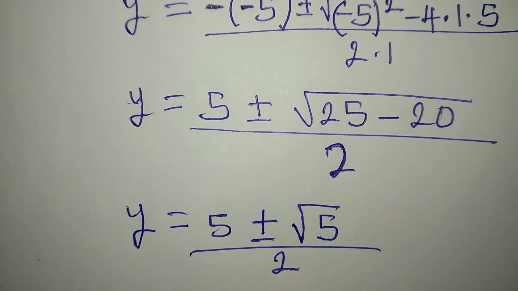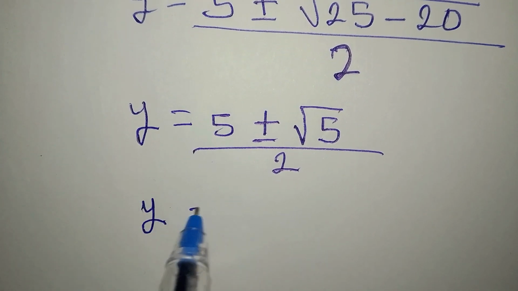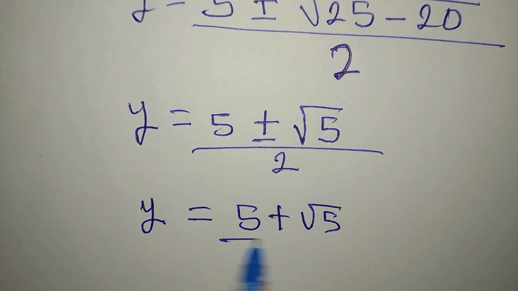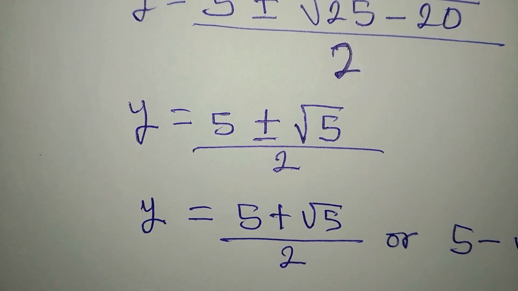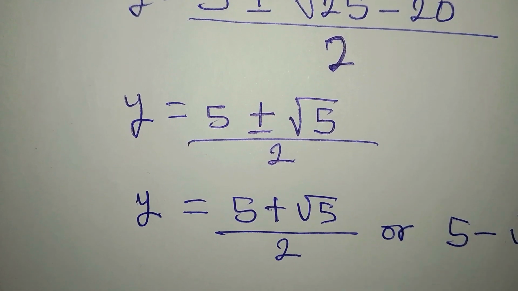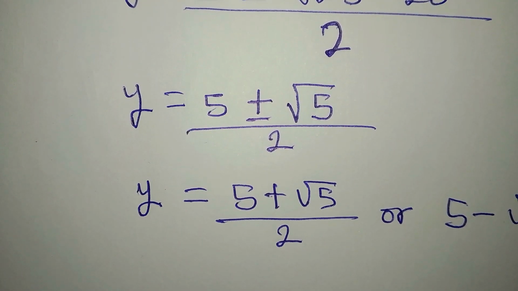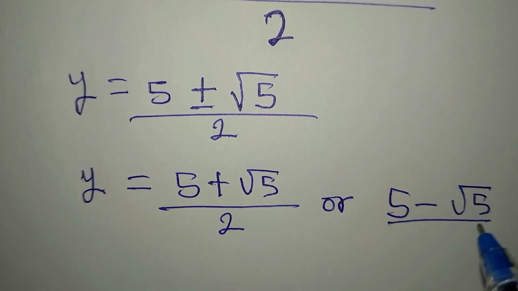But if we do not want to have decimals, then y is equal to 5 plus root 5 over 2, or 5 minus root 5 over 2.